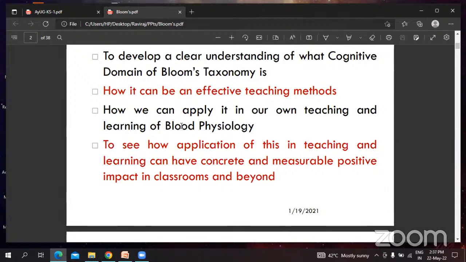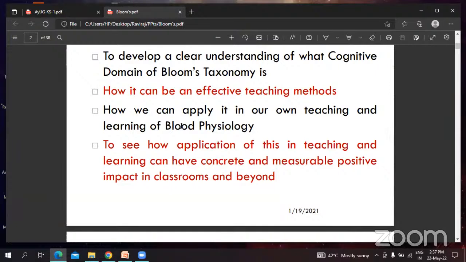Since you are entering the field of medicine, ultimately you'll be practicing in the field. At that time, you'll be encountering a live patient, and while examining that patient, diagnosing that patient, planning a treatment, and making a strategy about the treatment, you will have to apply whatever has been taught to you in the school, in the college, right?